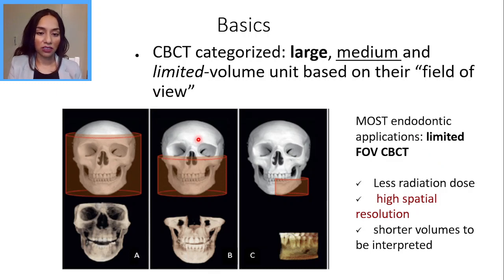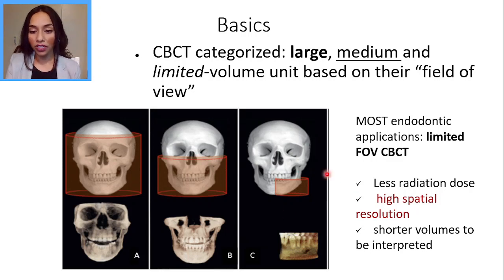I think this panel does a great job differentiating the three types. In panel A, we see a large CBCT, which scans a large area of the craniofacial skeleton and can actually be used for cephalometric analysis. In the medium CBCT, it focuses in on the maxilla and the mandible.